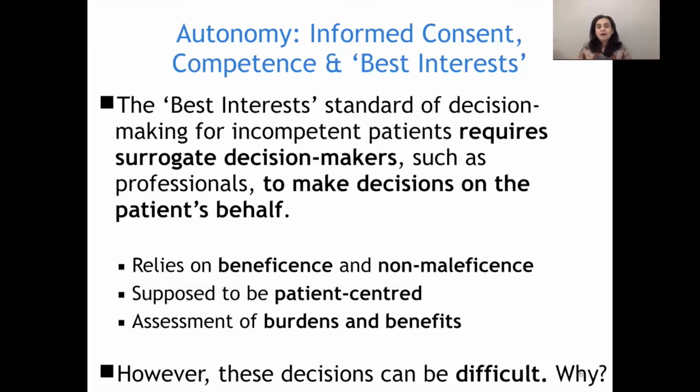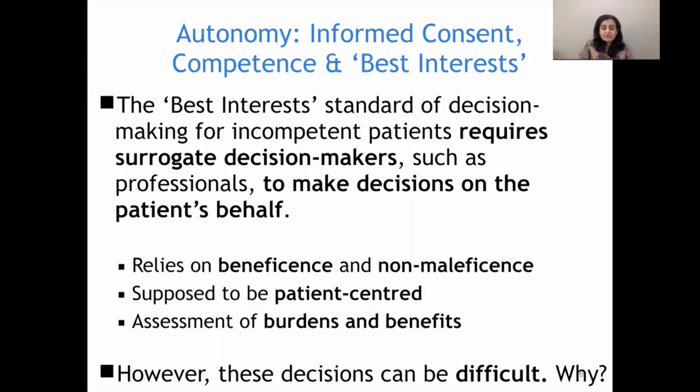It clearly relies on and is supported by the principle of beneficence, which is doing good, or non-maleficence, not doing harm. It is supposed to be patient-centred, and there is an assessment of the burdens and the benefits of the intervention. So the surrogate decision maker, usually the professional, steps in and makes the decision for the patient.